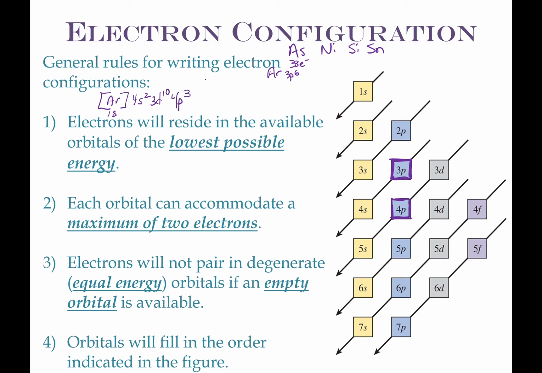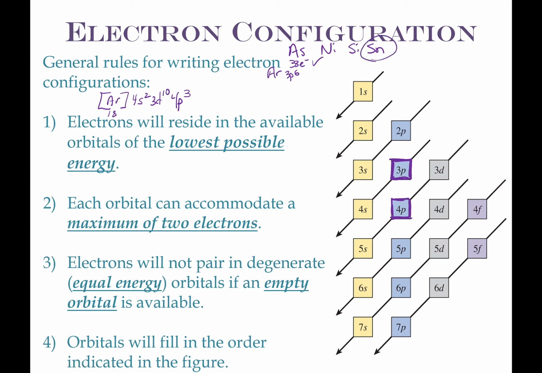So I have 15 electrons plus 18 electrons gives me 33 electrons for arsenic, and that is correct. So that would be the noble gas configuration for arsenic. I can do that for all of them. I'm going to do it for tin just to show you.